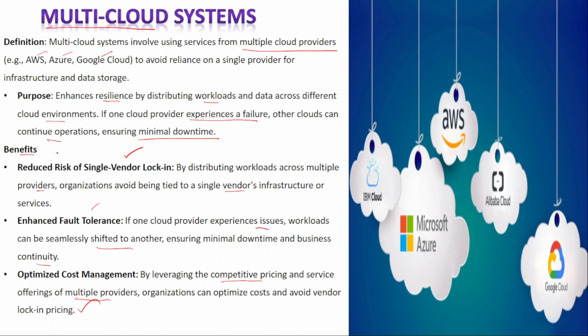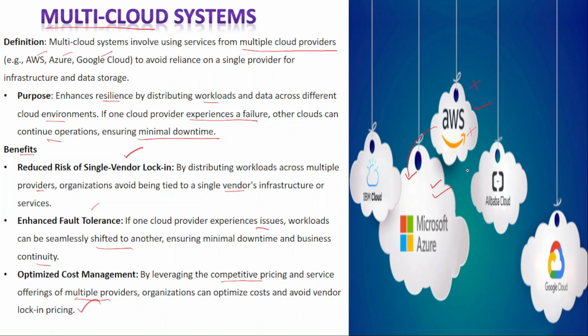I hope it is self-explanatory that using multiple cloud providers gives you the benefit of avoiding vendor lock-in. It means that you are no longer restricted to a single vendor. You can always shift your services to the second provider that you are using. And it has fault tolerance, because if there is some issue with one provider, you can shift your services to your backup provider or the second provider.